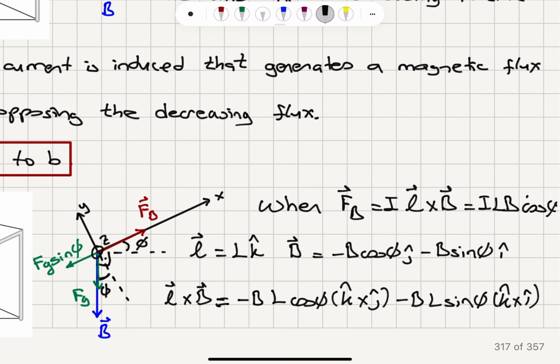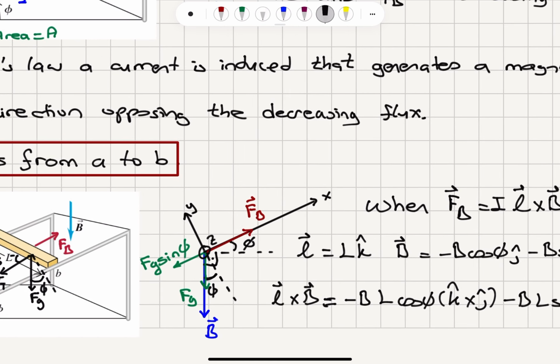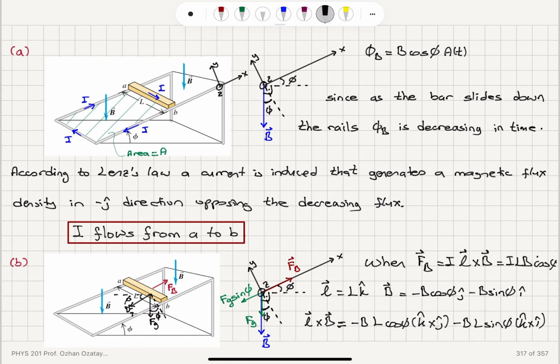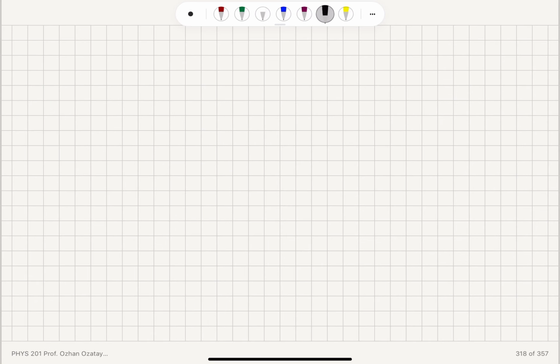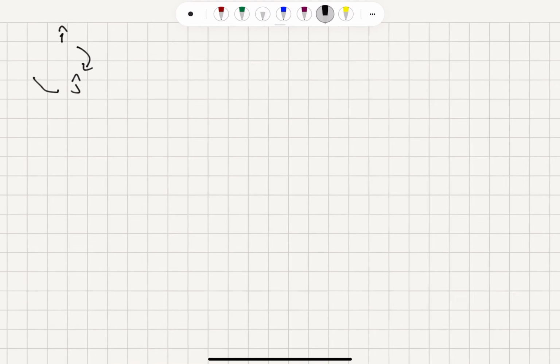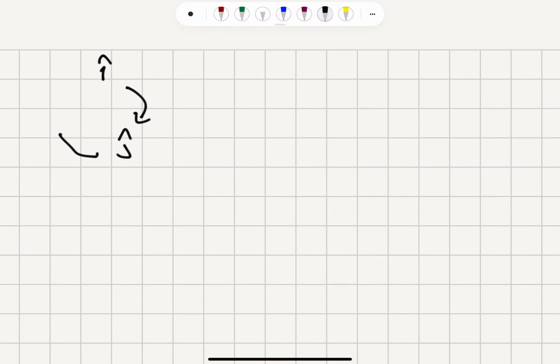So this k hat cross j hat, once again we can use the cyclic permutations. I hat, j hat, k hat, that's the positive direction.